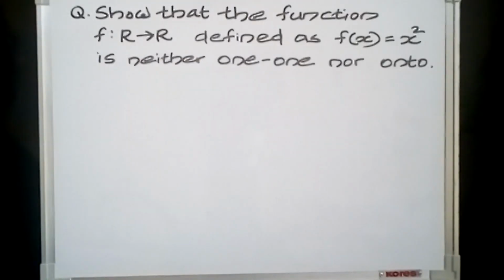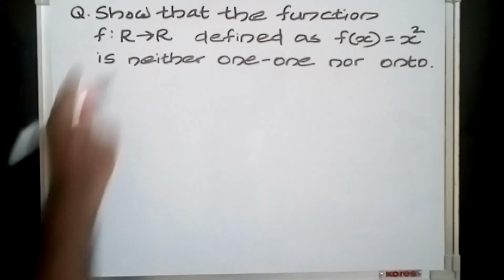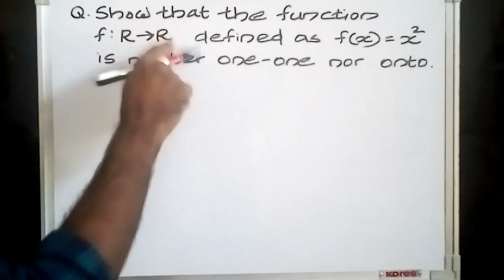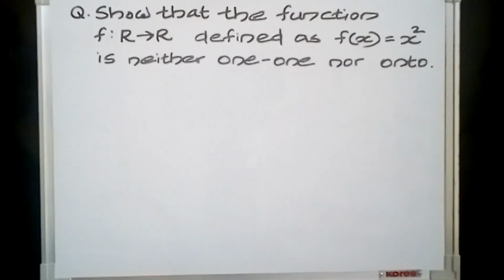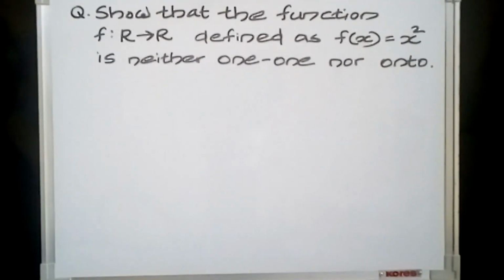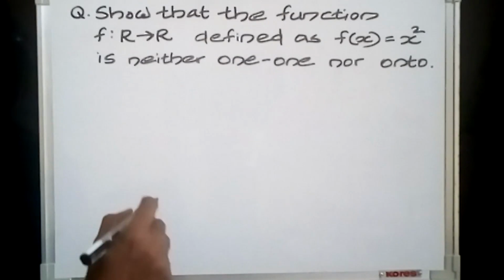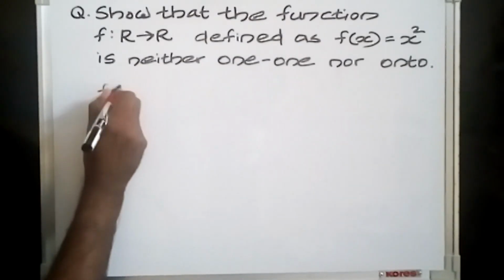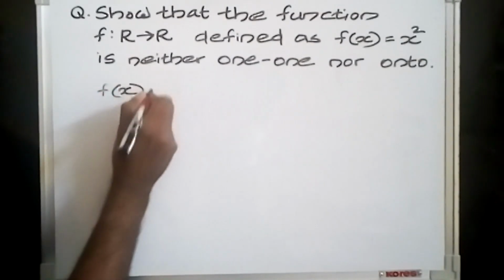Now to the next problem. Show that the function f defined from R to R, set of real numbers to set of real numbers, defined as f of x equal to x squared, is neither one-one nor onto. It is not one-one and not onto. f of x equal to x squared.